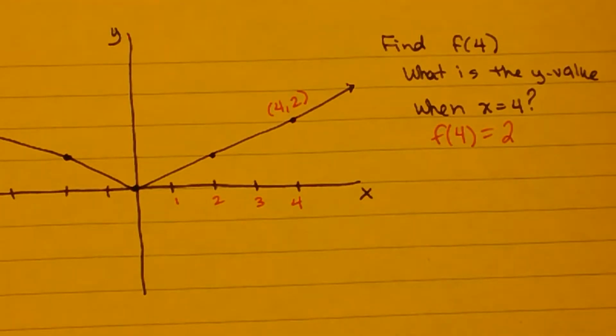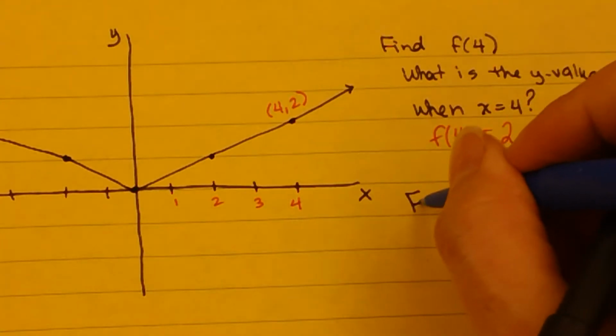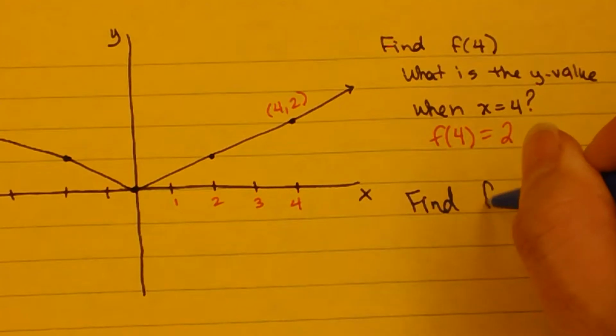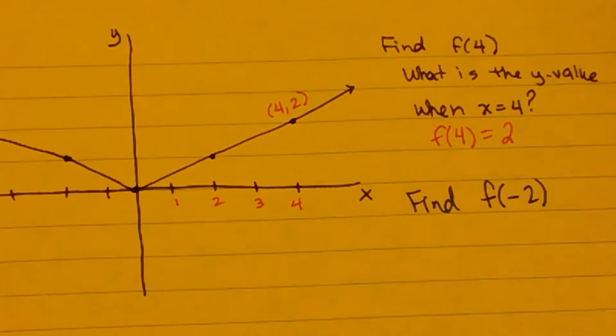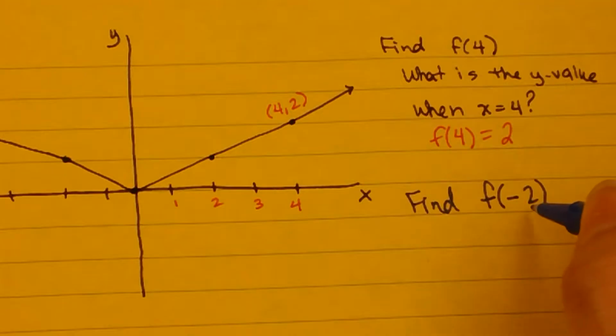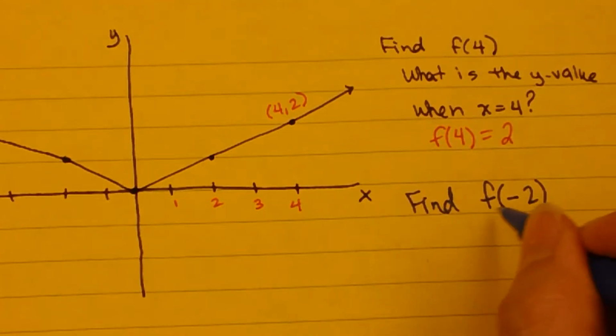Let's try another one. Find f of negative 2. F of negative 2 means that x is negative 2, and we're being asked to find the y value.